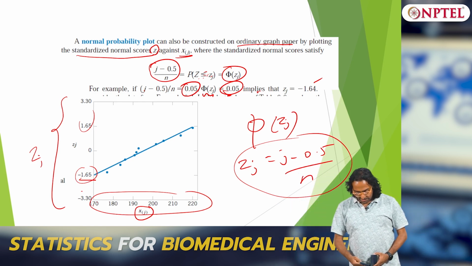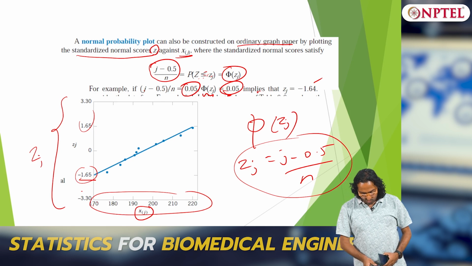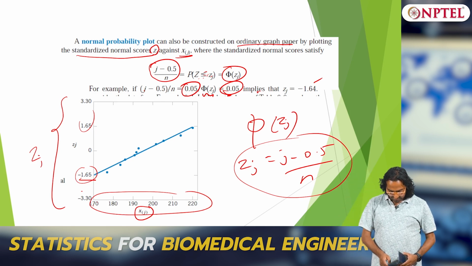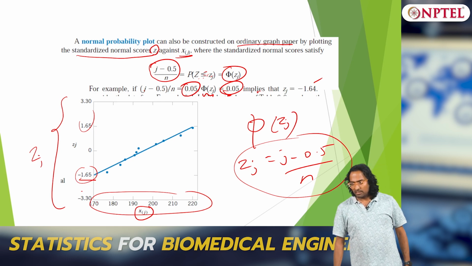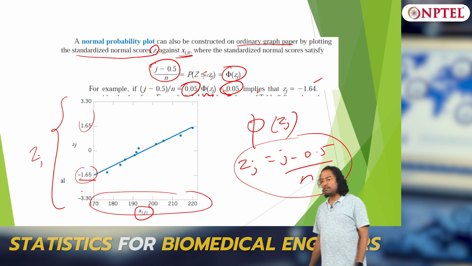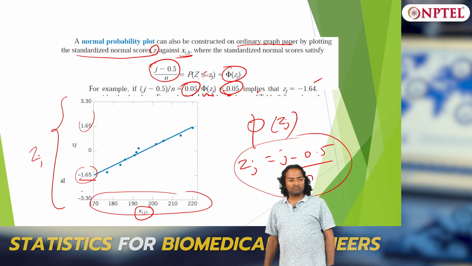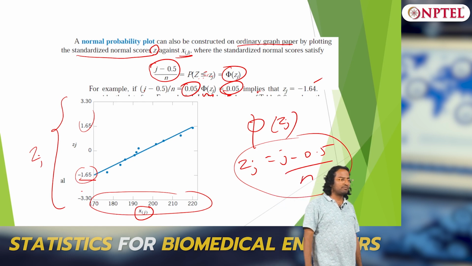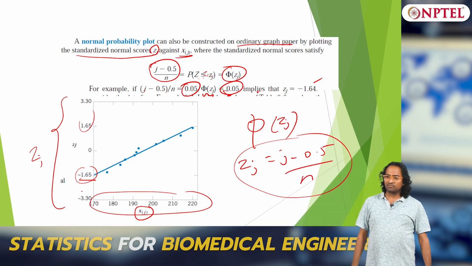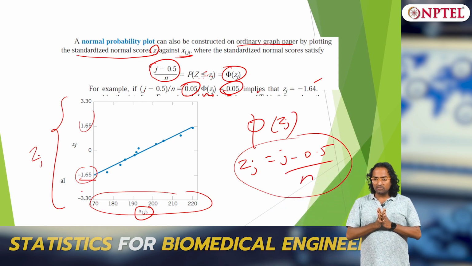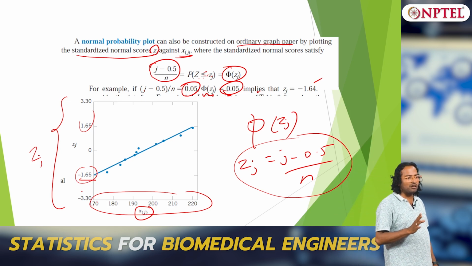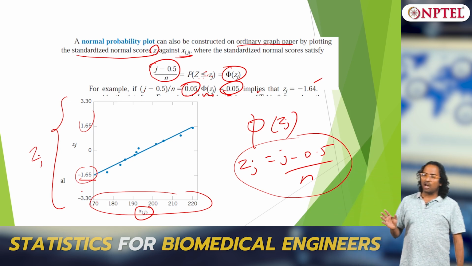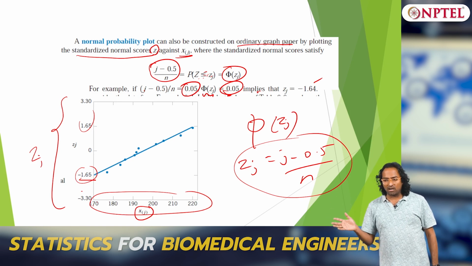The only transformation on an ordinary graph paper is that you are doing a phi of Zj, okay, clear? Any questions? Shall we move on? So this is our probability plot, the simplest way to ensure whether your underlying distribution is normal or significantly non-normal, okay.